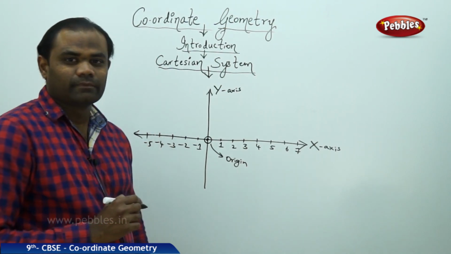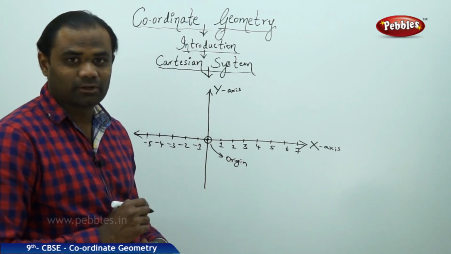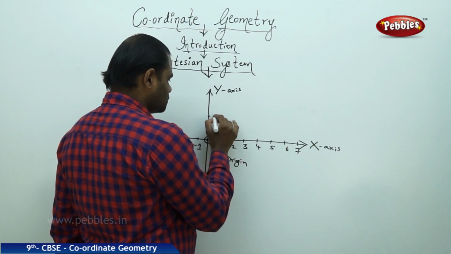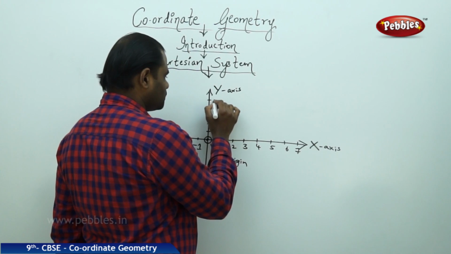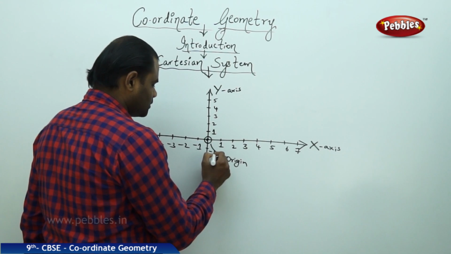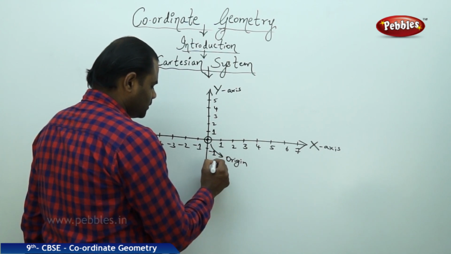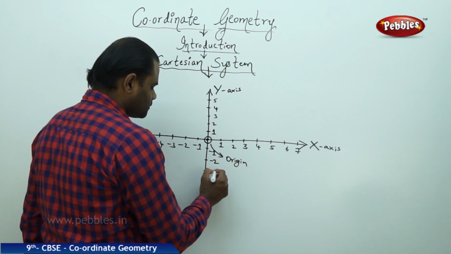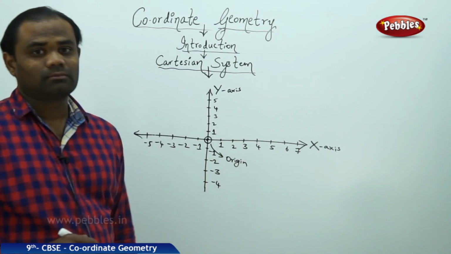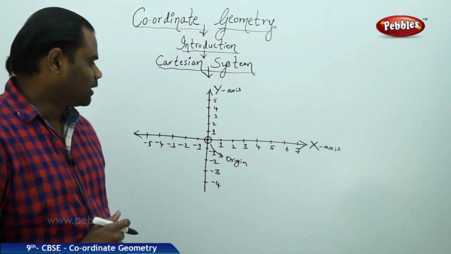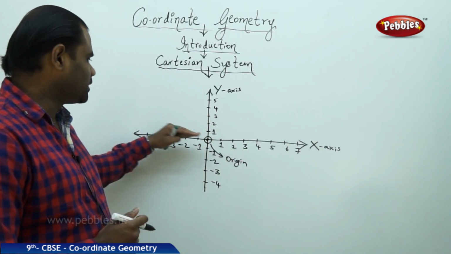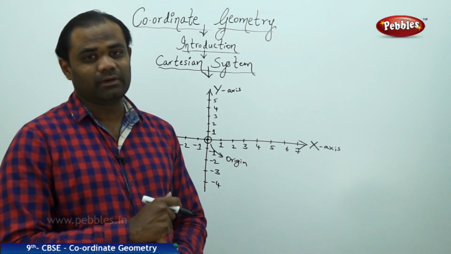Similarly, all the values on the positive side of the y-axis are defined as 1, 2, 3, 4, 5, etc., and on the negative side -1, -2, -3, -4, -5, etc. Therefore, I have positive x values, negative x values, positive y values and negative y values.